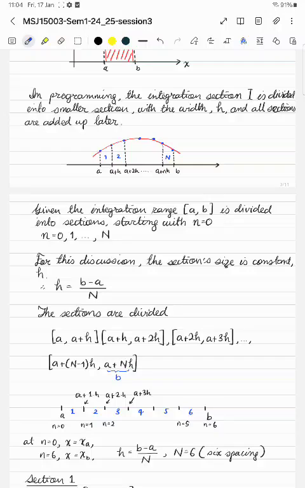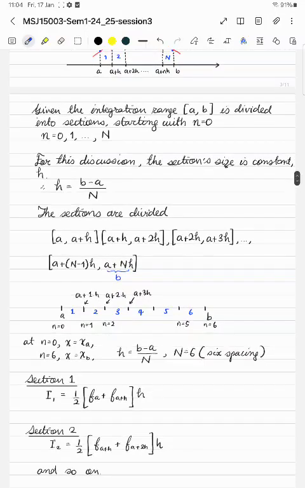Python is the same, it can start from 0 or from 1. But C starts from 0. So the indexing depends on the programming language. For this discussion, I'm going to stick to the Python or MATLAB format, so the index will start from 0 until n. So you have the equidistance of the size, b minus a divided by n.